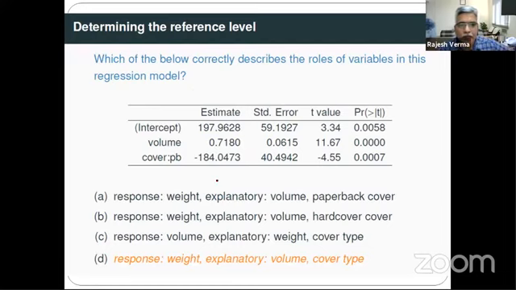If we have this model output, then you can say that you correctly define the variables. Response variable is the weight, and explanatory variables are the volume and the cover type. One must understand this: what is the response variable and what are the explanatory variables?